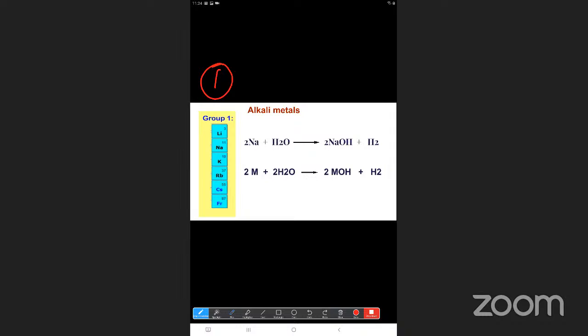Now here, all these elements are metals, and also alkali metals. For example, if these elements react with water, they will form corresponding hydroxides. Any one of the metals from this group reacts with water, it will form a hydroxide. We can call it a metal hydroxide because all these are metals. For example, sodium reacts with water.